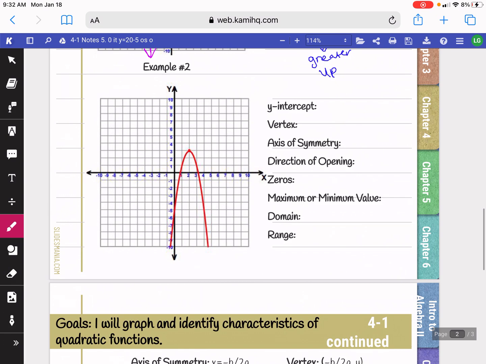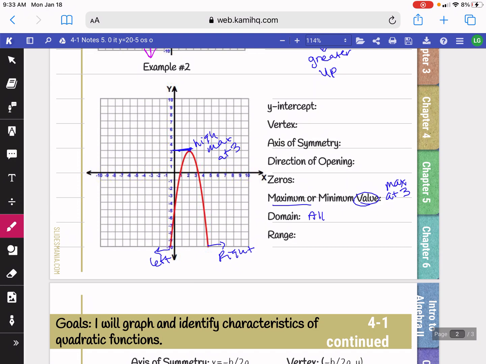So for example, here, we're not going to do everything. Let's just focus on domain and range and max or min. So we're doing max or min. Here it has a high point. So it has a max, and you would say the value, so that's at 3. If we were doing domain, this one's going to keep going left, and it's going to keep going right. It doesn't end from left to right.